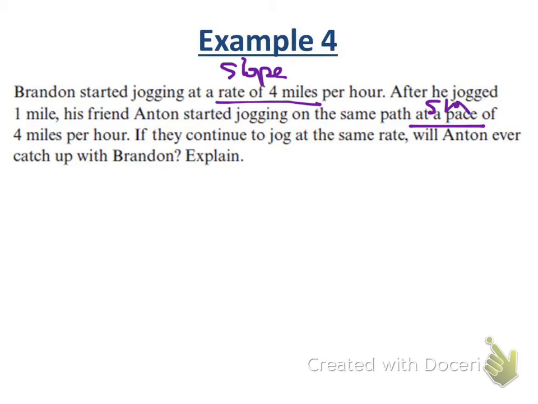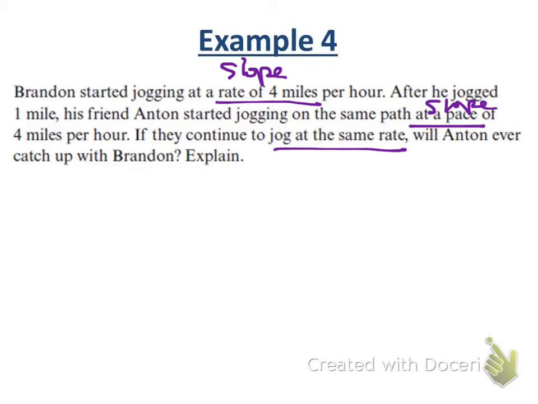So what do they have? Same slope. If they continue to jog at the same rate, will Anton ever catch up with Brandon? Explain. No, because they started at different times and they're running at the same rate, same speed, same pace.